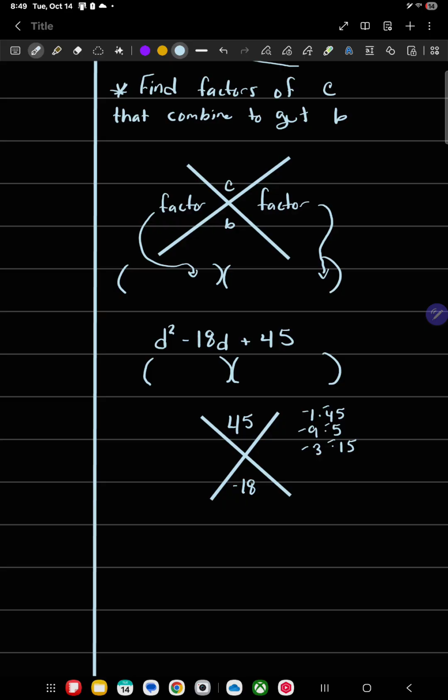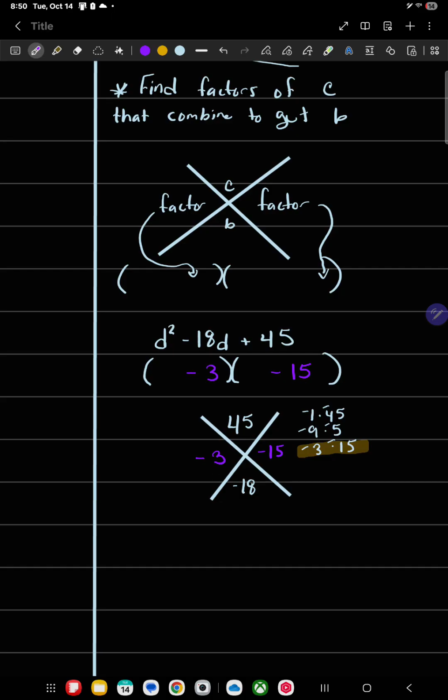Now, which one of these factors will combine to give us negative 18? Right here. So the two factors, it doesn't matter where you put them, are negative 3 and negative 15. And that's what goes at the back of your parentheses.